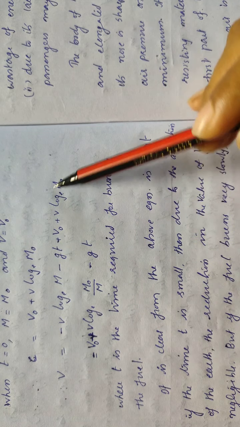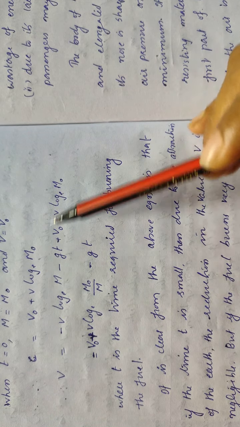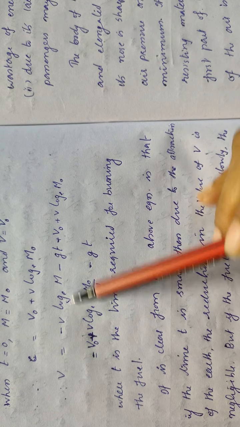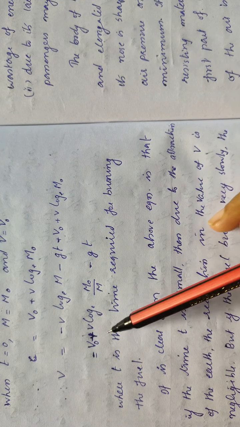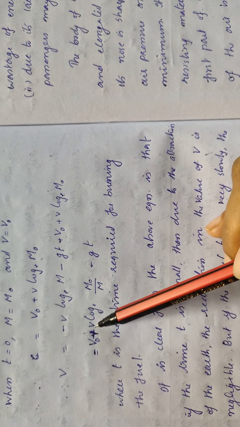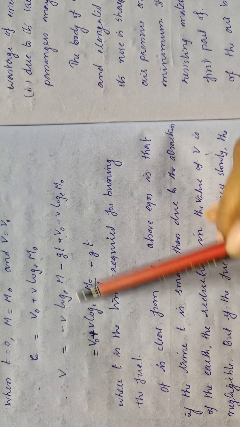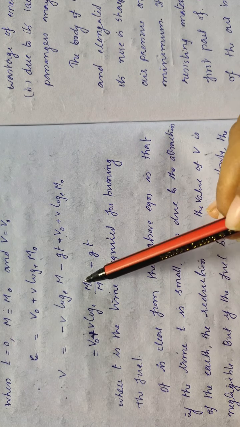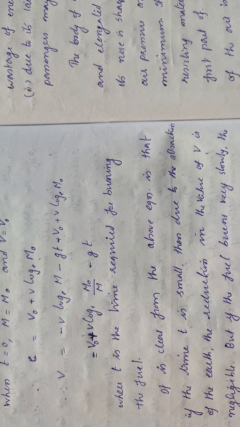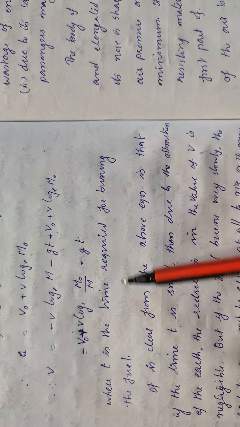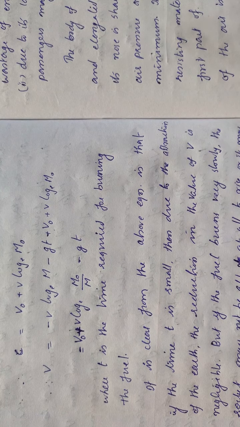These two log terms can be combined according to the logarithm rule, log a minus log b as log a by b. So we can write V equals v0 plus v log m0 by m minus gt, where t is the time required for burning the fuel.